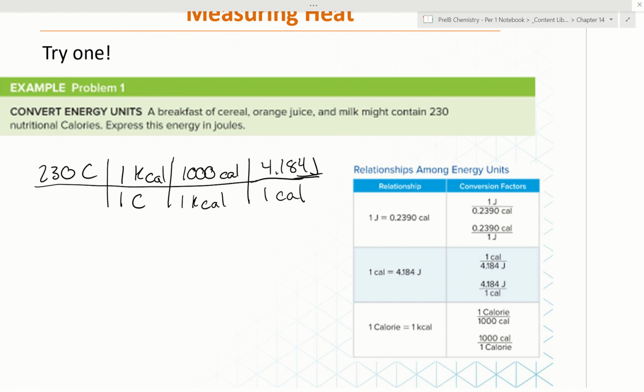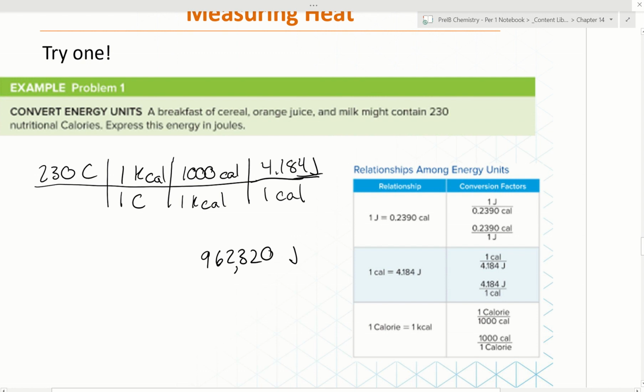All right, so to calculate through this, we're going to take 230, multiply it by 1,000, and then multiply it by 4.184, or you could divide it by 0.239 and you'd get the same answer. And for this one, you would get 962,320. In other words, 962,320 joules of energy.